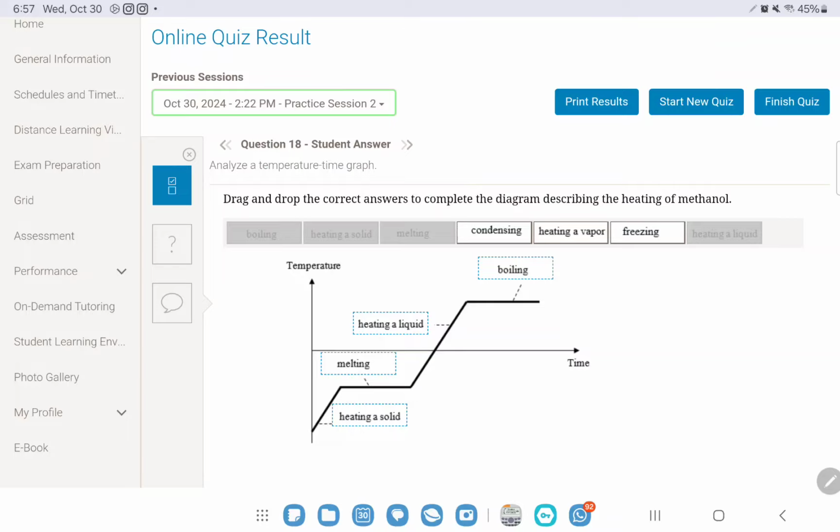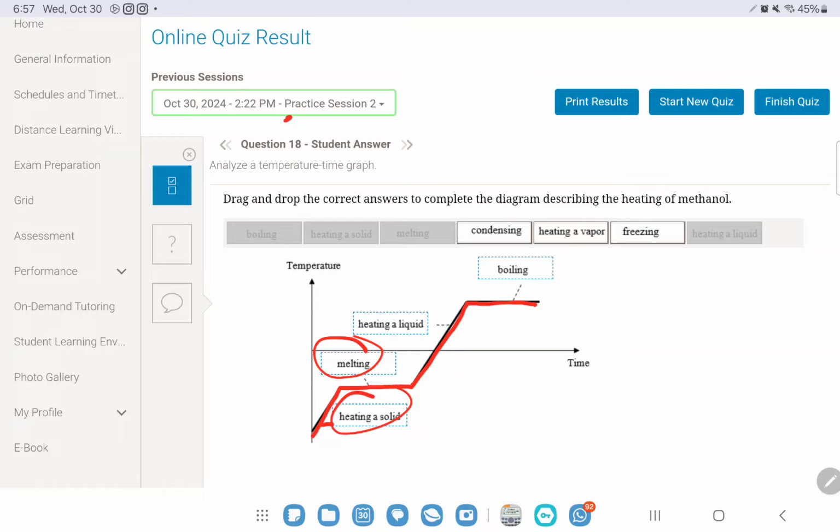Whenever we see 3 different curves, we know it's turning into different states. Here you're always going to be heating. If you only have 2 different states, or you could have it extended, but here we don't. This is when you're heating.